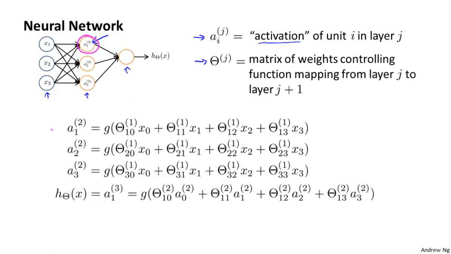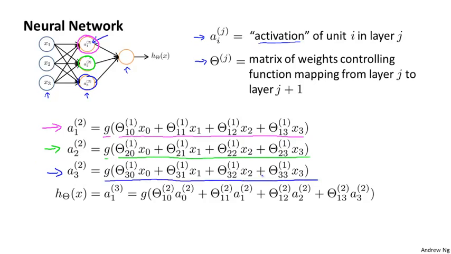This first hidden unit has its value computed as follows: A21 is equal to the sigmoid function, also called the logistic activation function, applied to this linear combination of its inputs. Then this second hidden unit has its activation value computed as sigmoid of this, and similarly the third hidden unit is computed by that formula.